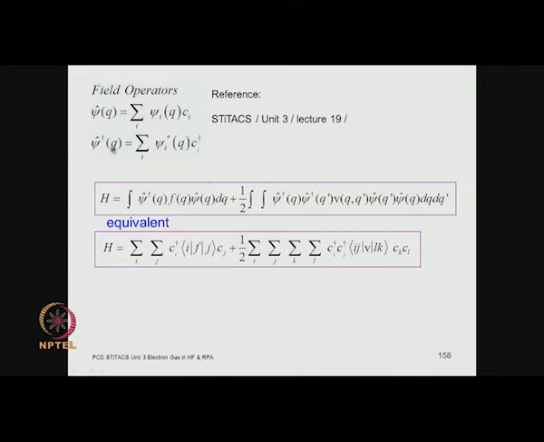Using these, you can write the electronic Hamiltonian in two equivalent forms, one in terms of the field operators psi and psi dagger, or equivalently in terms of the creation and destruction operators, the Ci dagger and the Cj, and you have the same over here. You have the two center integral. We have dealt with these terms earlier. So, you can express the Hamiltonian in these two equivalent forms.